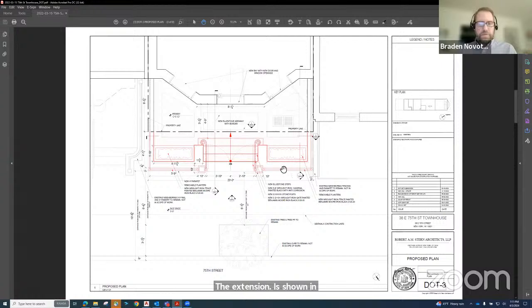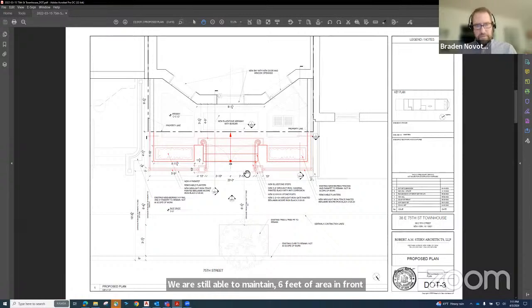So the portion that is in red is the portion that we are extending out from our existing property line. We are still able to maintain 6 feet of area in front of the building between the entrance gates, pilasters, and the existing tree pit that's out in front of the project right now.